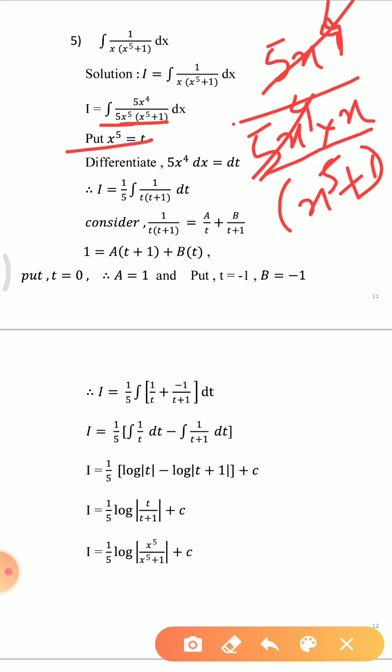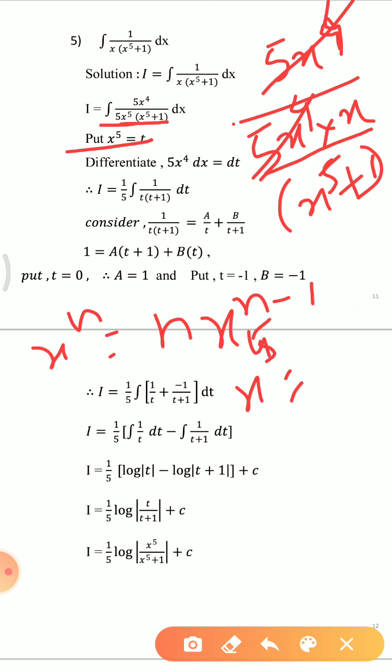You know the derivative of x raised to n is n x raised to n minus 1, so for x raised to 5 it is 5 x raised to 5 minus 1, that is 4. So 5 x raised to 4 dx is equal to the derivative of t, that is dt here.